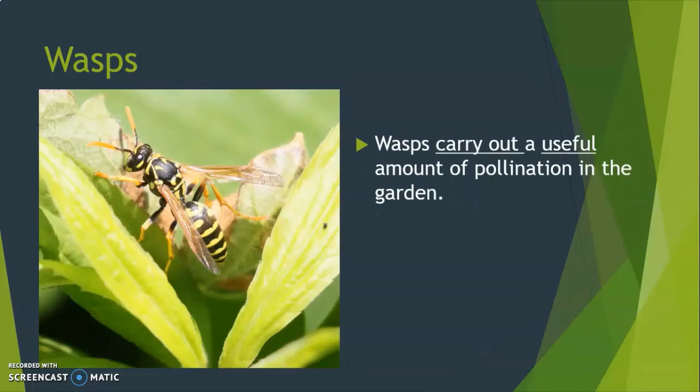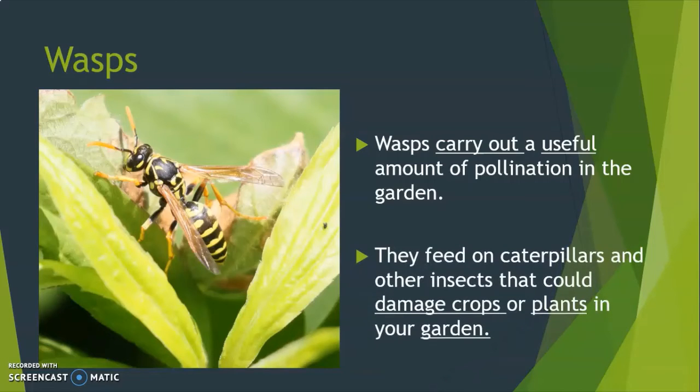Wasps carry out a useful amount of pollination in the garden, and they feed on caterpillars and other insects that could damage crops or plants in your garden. So that is the benefit of the wasp.